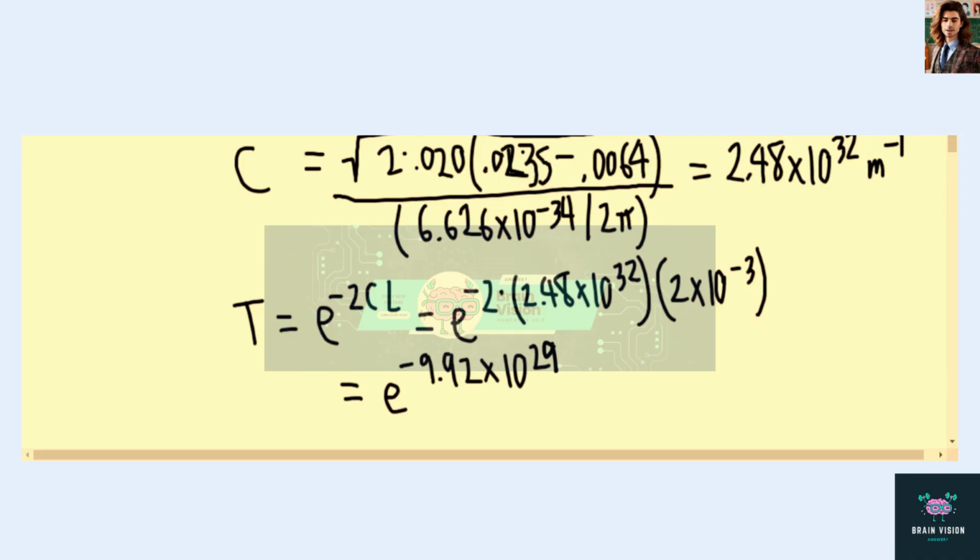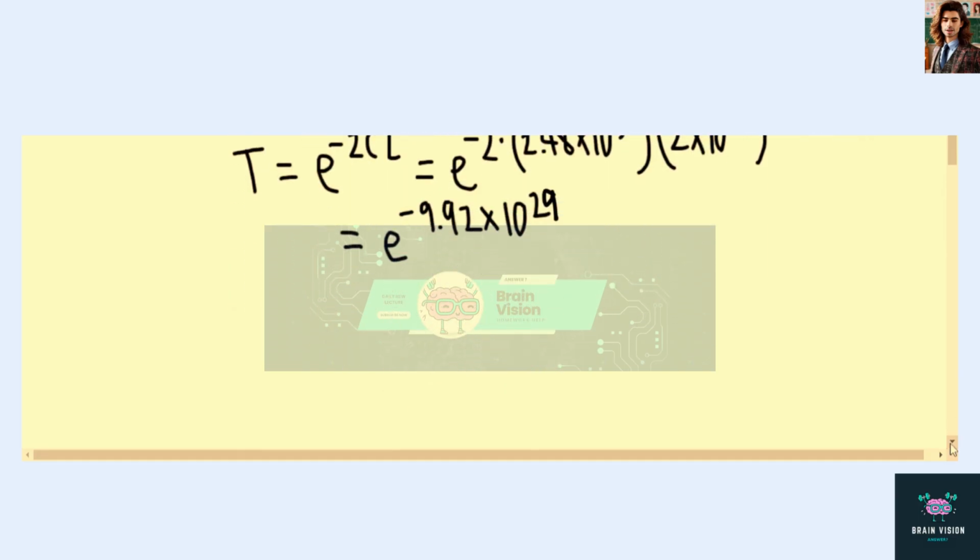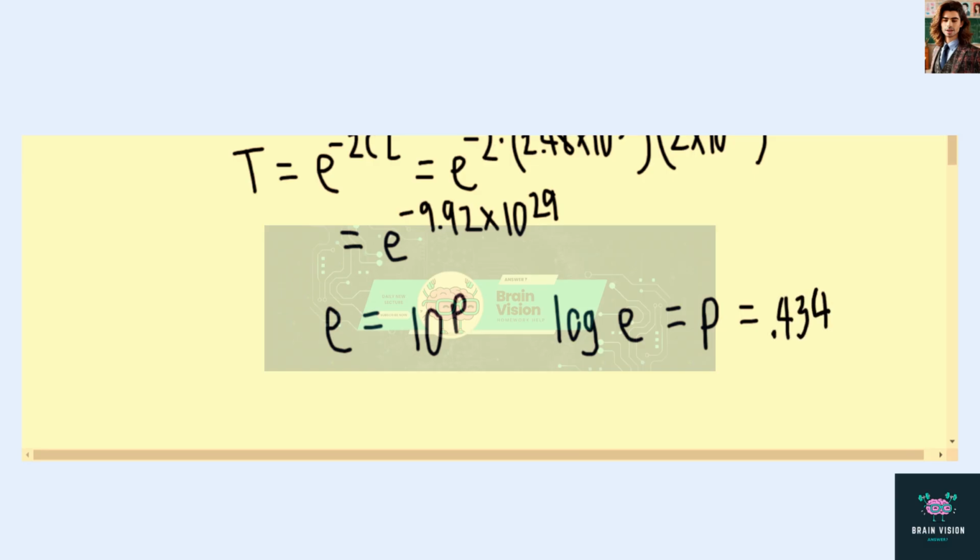What we can do is go a little bit further. We're really just going to end up with an estimate. But you can write the number e as 10 to some exponent p. Now you take the log base 10 of both sides in order to get what p is. This number ends up being 0.4342945.